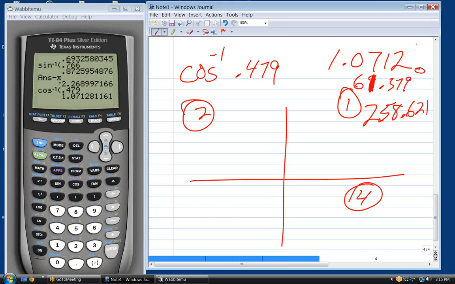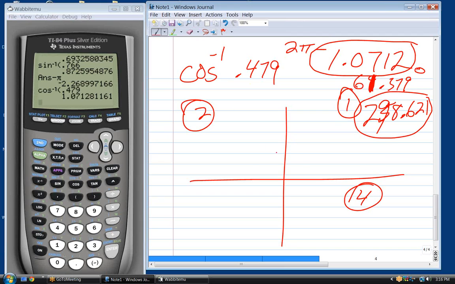So to figure out the radian answer, you could convert that to radians. What's 290? Oh, it's 298. Yeah, sorry. So we could convert 298.621 to radians, or we could take 2 pi minus our first radian answer and come up with that.